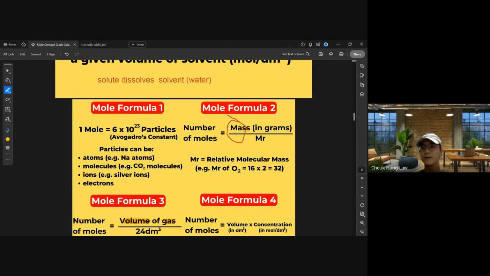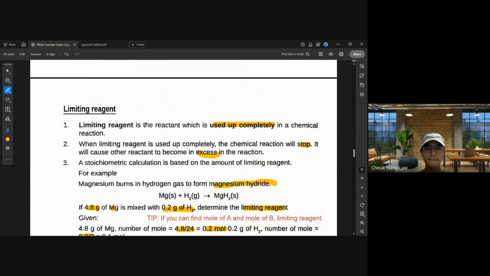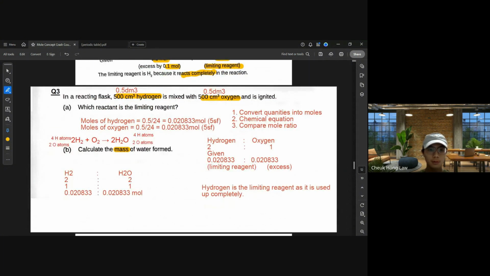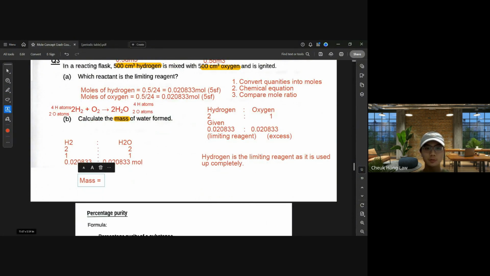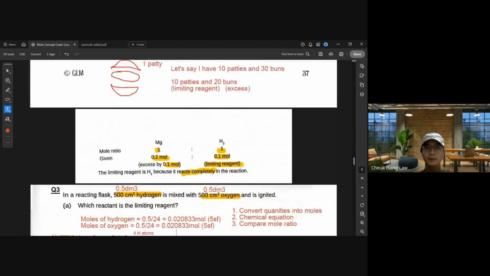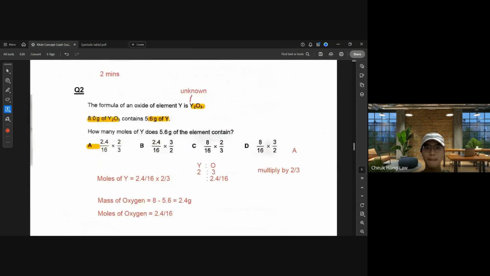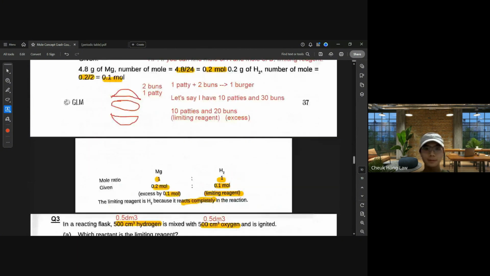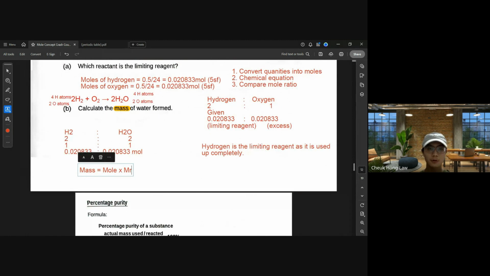Moles equals mass divided by Mr. So mass equals mole times Mr. If we look at a triangle, look at this triangle here: mass equals moles times Mr. So what is the number of moles of water? 0.020833.